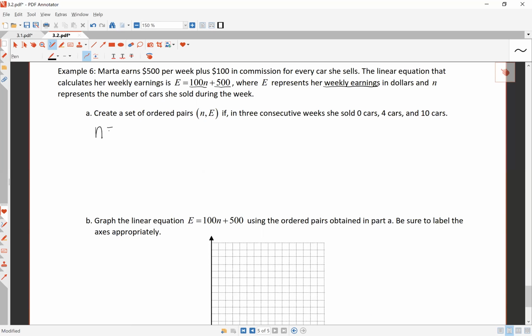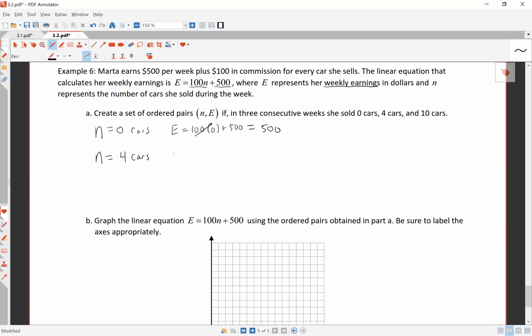So if she sells 0 cars, her earnings are going to be 100 times 0 plus 500. She doesn't make any commission, so she only walks away with her $500 per week salary.